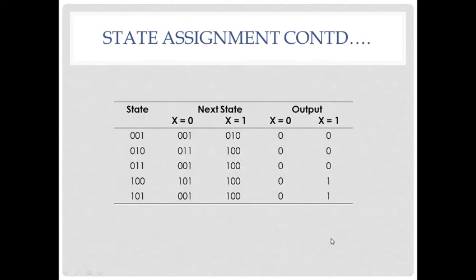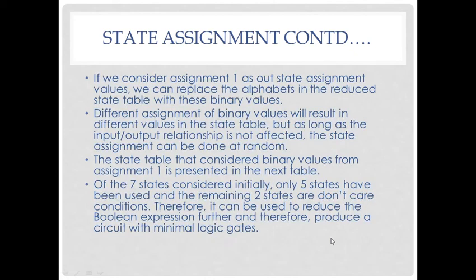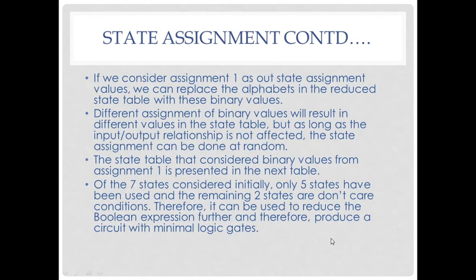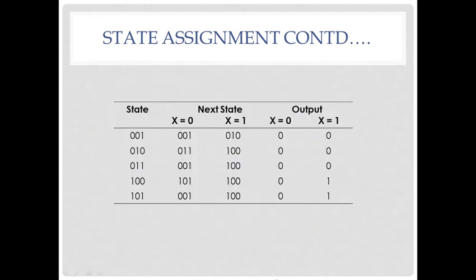Right, so finally, my state table, let me go a few slides back. This one has been replaced with this one, where I have replaced A with 001, B with 010, C with 011, D with 100, and E with 101, right?